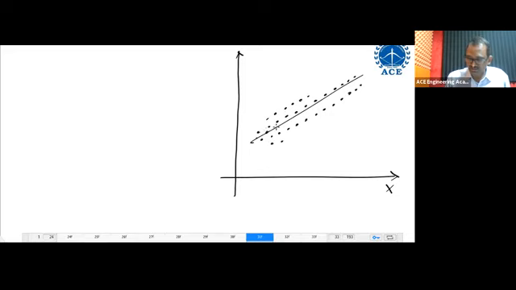That is called a regression line. The equation of this line is y is equal to a plus bx.